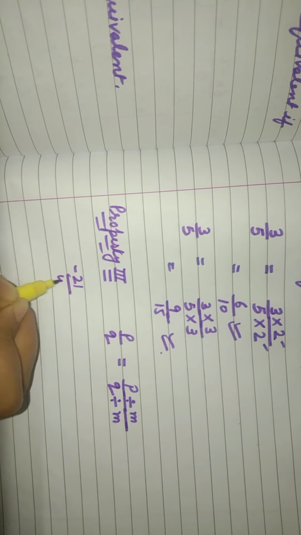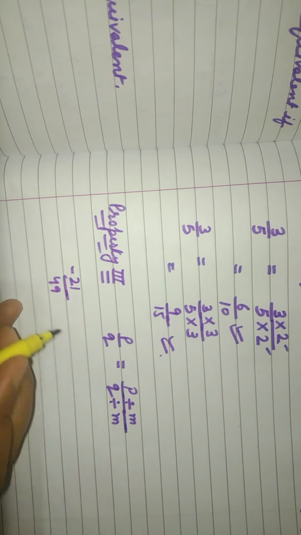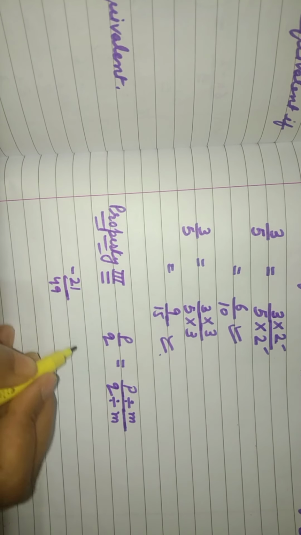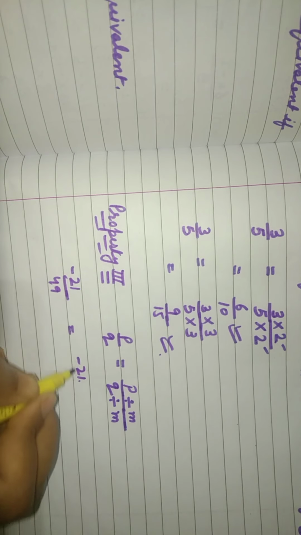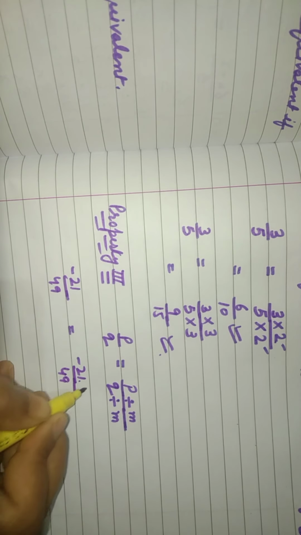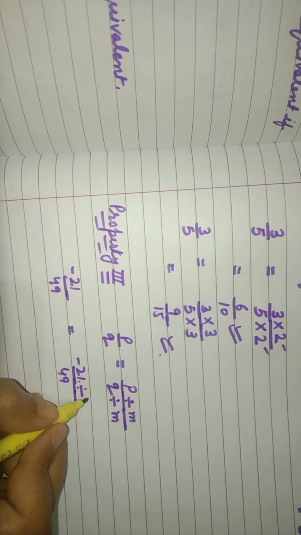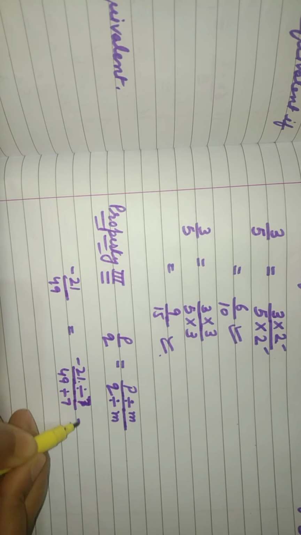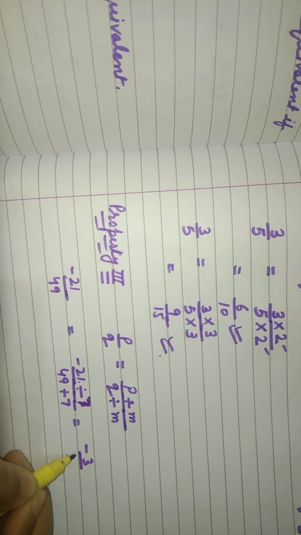Minus 21 upon 49, write the equivalent rational number of this. Dividing by 7, it is minus 3 upon 7.